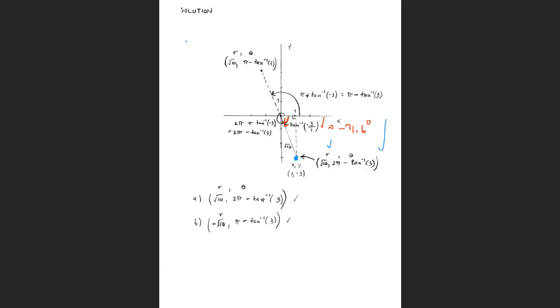So if we want theta to be between 0 and 2 pi, this is the theta that I need right here. That's theta. So you can take 2 pi and add your negative angle, the arctangent of -3, or you can take 2 pi and subtract the arctangent of +3.